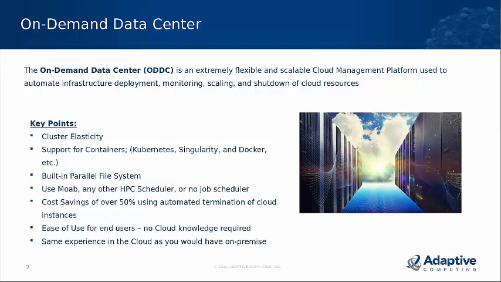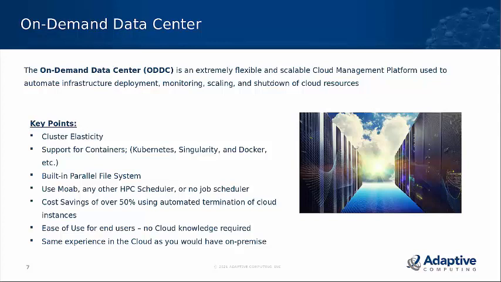I'm talking about Moab, which is our HPC scheduler, but if there's no scheduler, you can run your workload directly on on-demand data center, or you can use another scheduler to interface with it. We have done extensive testing, especially of our bursting functionality, which I'll talk about a little more in the next few slides. You get at least a 50% cost saving when you have a cluster in the cloud.